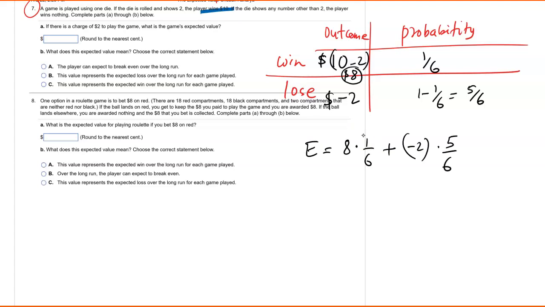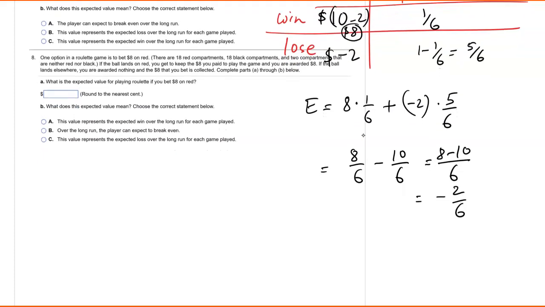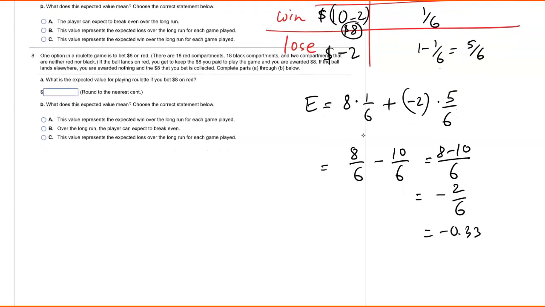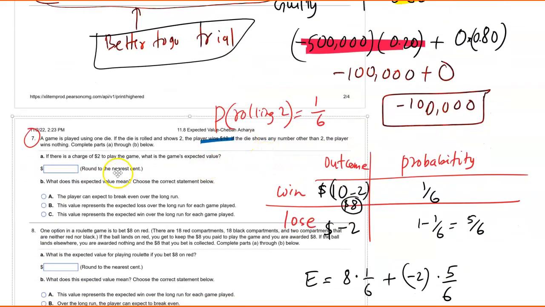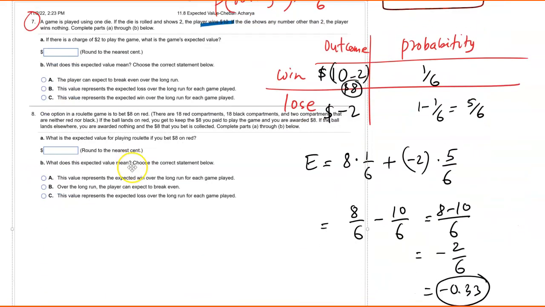Now it's going to be 8/6 minus 10/6, which gives you 8 minus 10 over 6. Remember the same denominator. You get -2/6. That gives you -0.33, if you round it to 2 decimals, as the instructions say, nearest cent. That means 2 decimals: -0.33.